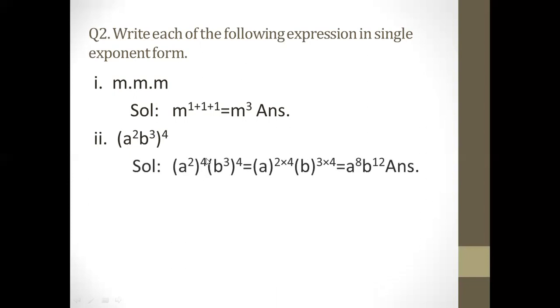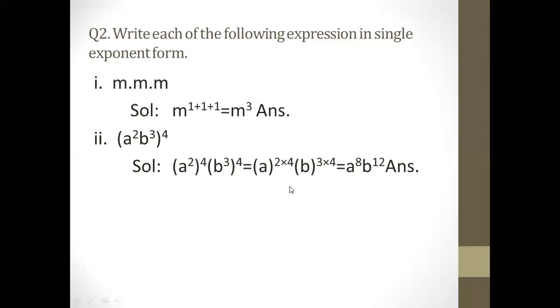Then again here you will apply another law, which is power of a power law. If you have a base with power and again raised to the power, you have to multiply the powers, right? Here you can see a as it is 2 multiplied by 4. For b as it is 3 times 4, right? Now a equals to 2 times 4 is 8, and b with power 12, right?